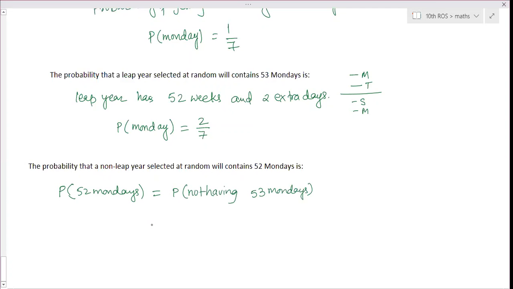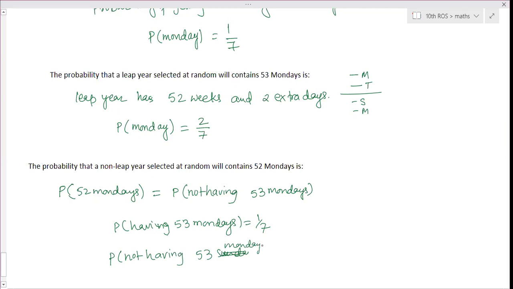The probability of having 53 Mondays is 1 by 7. So the probability of not having 53 Mondays is 1 minus 1 by 7, that is 6 by 7. Is it clear? Yes, ma'am.